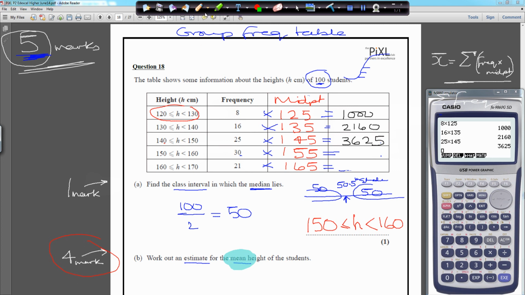Thirty times 155 is 4650. And the last one is 21 times 165, which is 3465.